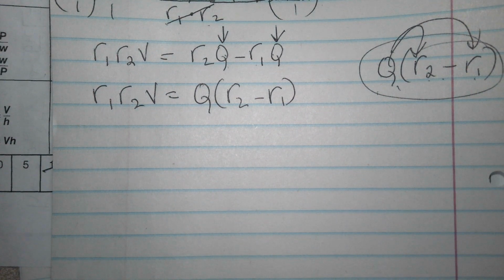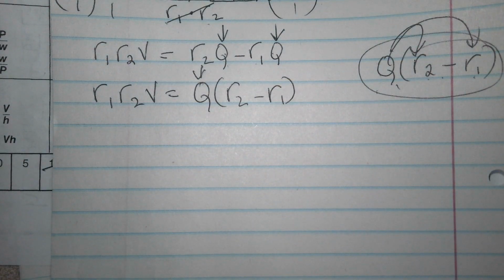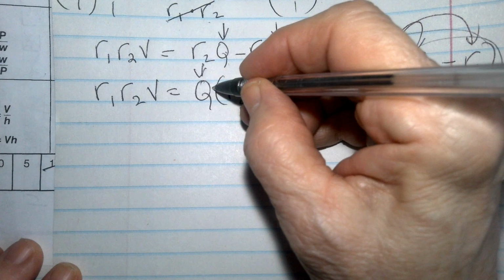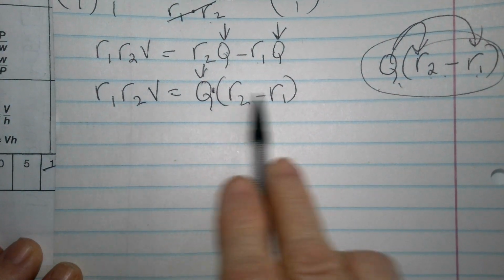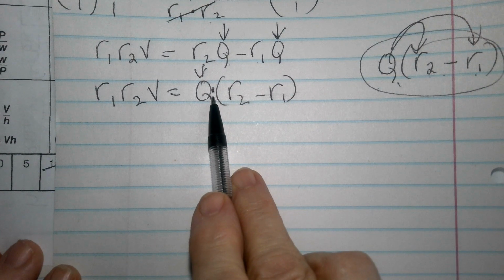Almost done. One more step. I need to get the Q all by itself. Who knows the last step? It's easy. What's happening right here? I need to get rid of this. What's the opposite of a multiplication?